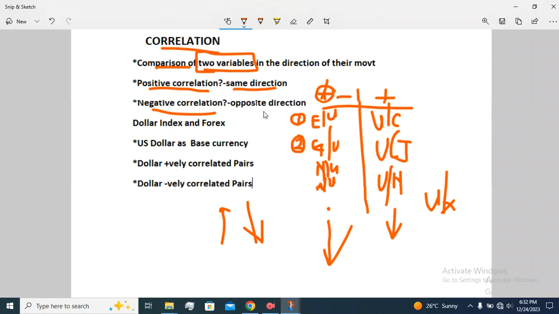Then with the positively correlated currencies, the one that I've seen moving in the same direction with the dollar is this first guy here, USD/CHF. If the dollar index is not usually clear, I go to this guy, USD/CHF.